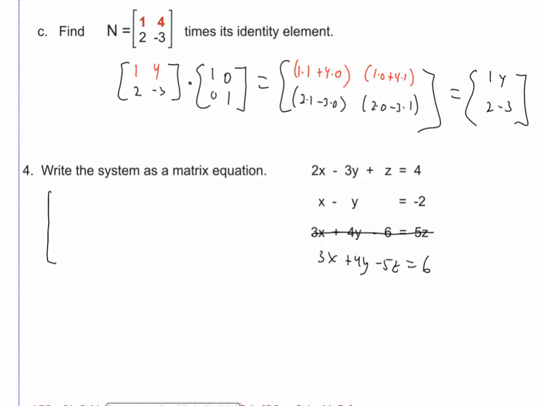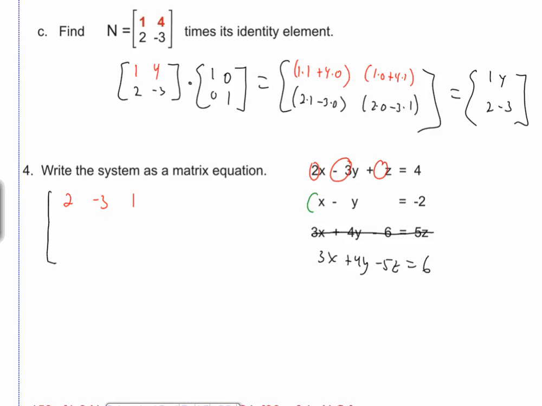Okay, now it's just a matter of writing the coefficients. Here, I'll use red on this first one. So the first matrix is just going to be the coefficients of the variables. So the top row, 2, negative 3, 1. Right, a z is a 1z.